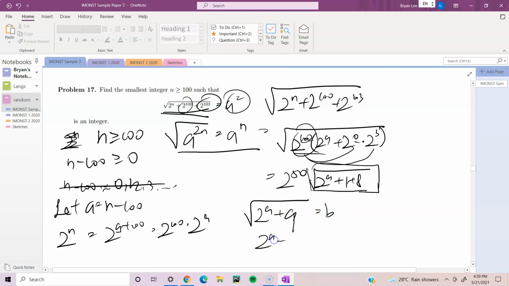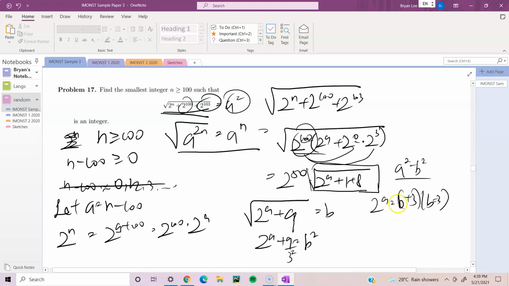So 2 to the power of a plus 9 is some integer, let's say b. So 2 to the power of a plus 9 equals b squared, and since 9 is 3 squared itself, 2 to the power of a is equal to b plus 3 times b minus 3. Remember the a squared minus b squared formula? You can go and check it yourself.